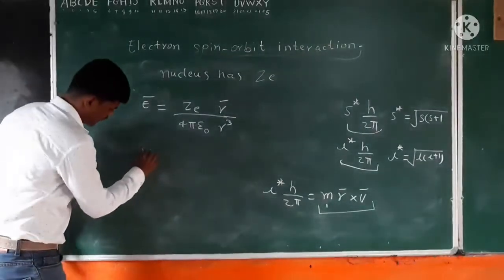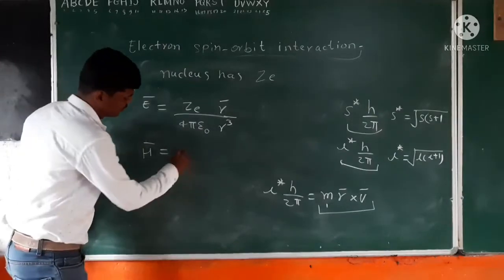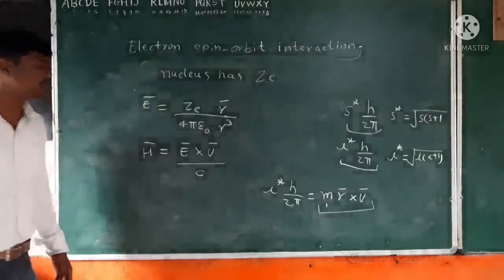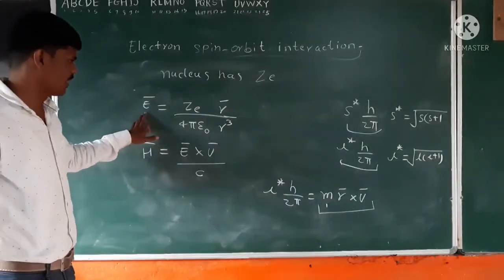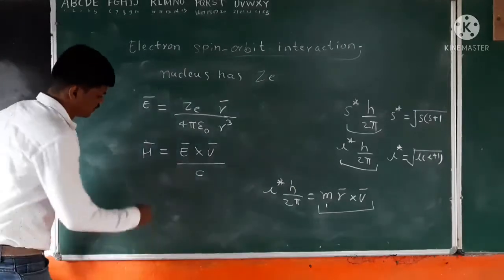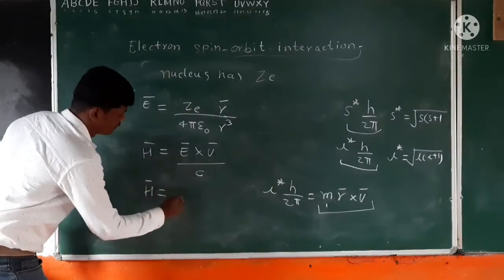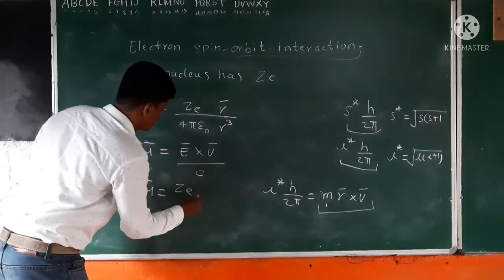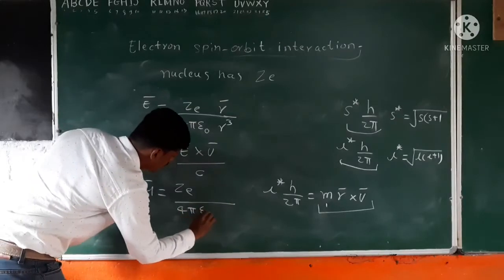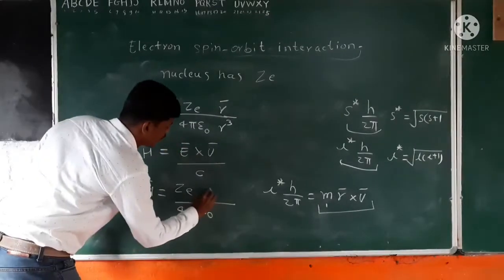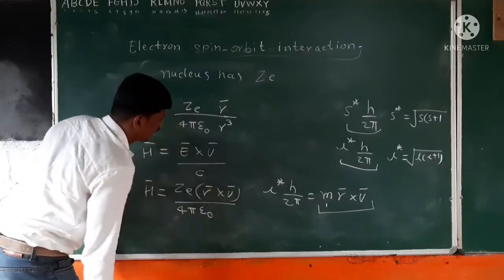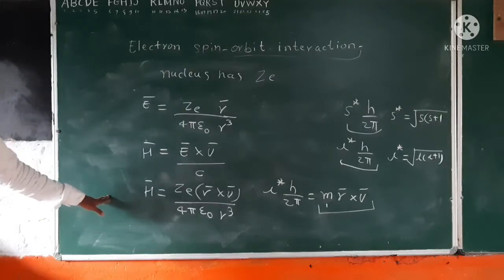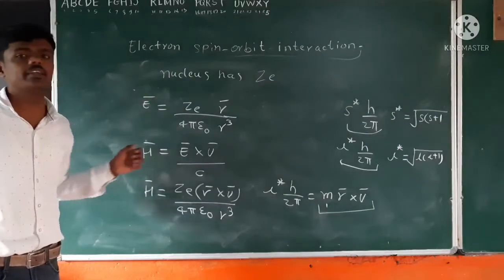Now we have to find the magnetic field. That magnetic field can be written as E bar cross v bar by c, where c is the speed of light. Now put the value of E bar, the electric field, into this equation. So this equation becomes Ze over 4 pi epsilon naught, then r bar cross v bar in the numerator, and r cube and c in the denominator. This is the magnetic field due to this nucleus or the total atom.